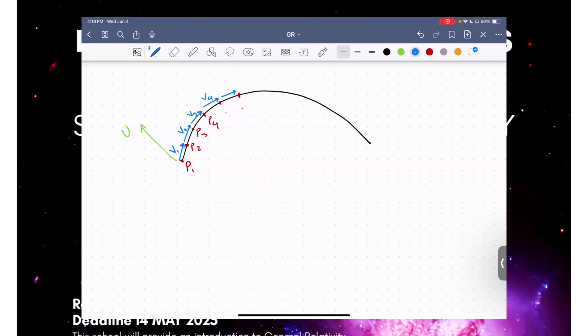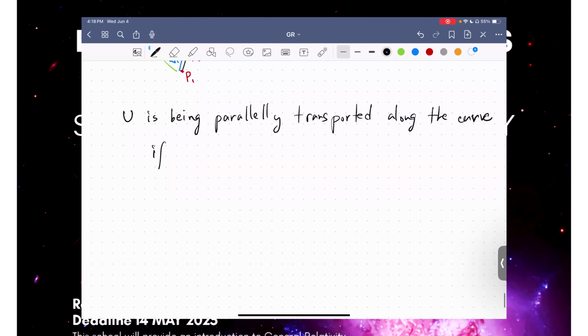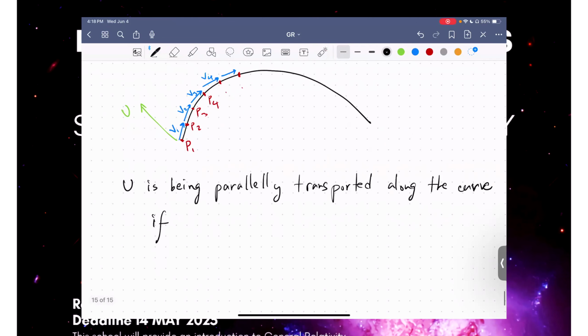Now, I will say that U is being parallelly transported along the curve if the covariant derivative vanishes everywhere, right?